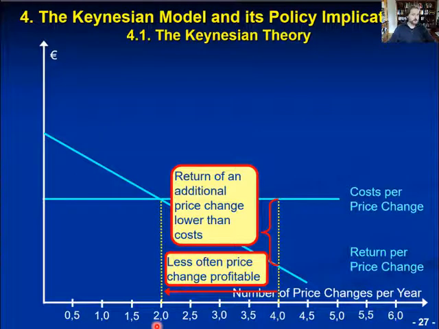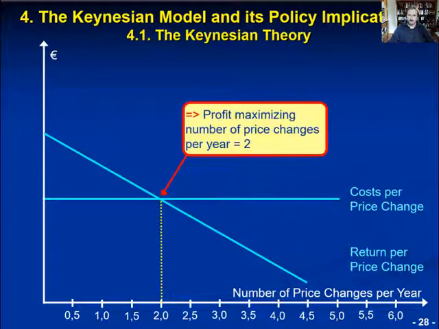So the optimum number of price changes is indeed 2 in this special numerical case. As a result, we find that the profit maximizing number of price changes per year must be 2, where the marginal costs of a price change are just equal to the marginal return.